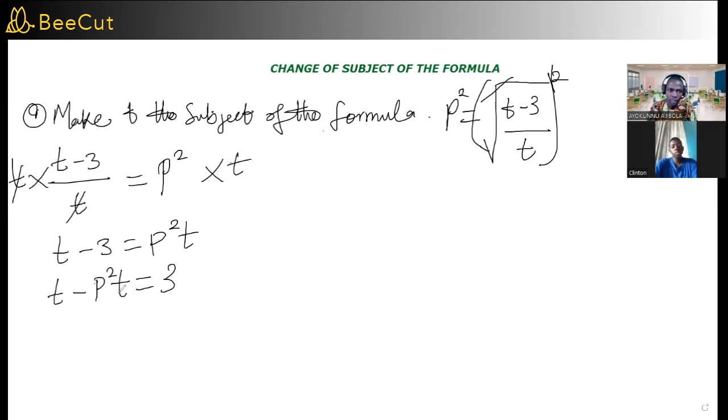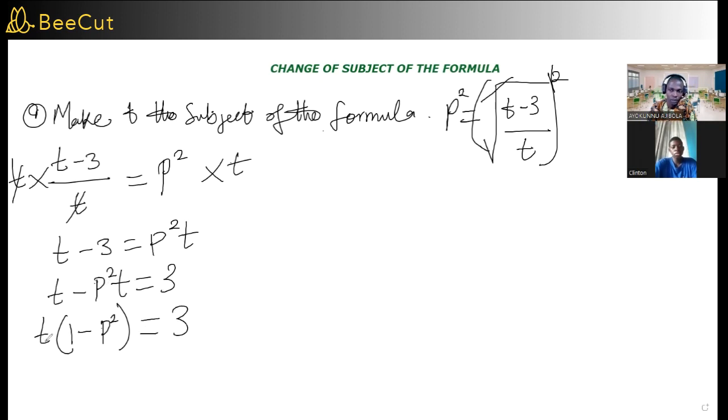So I bring the T outside a bracket. Once T has been removed here, I have 1 there, because T times 1 will later give me T. Then minus P squared, because the T has been removed by division outside. So if I expand this bracket, it's going to give me T times 1 is T, and T times P squared is P squared T, then equal to 3.